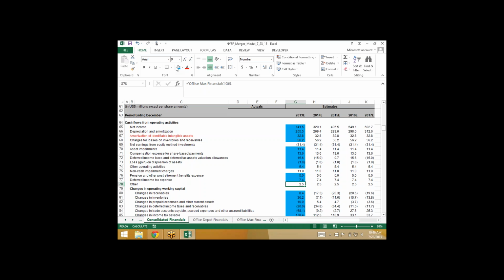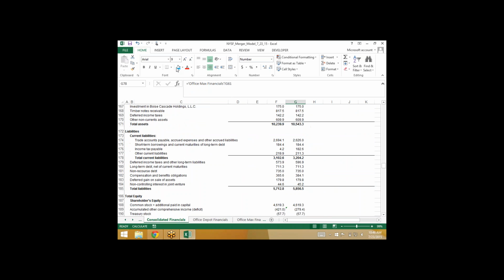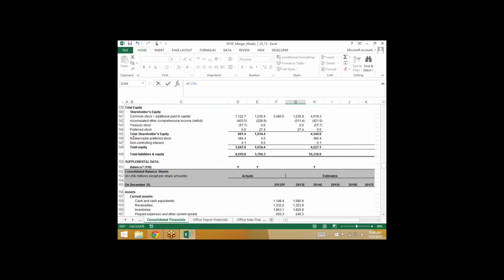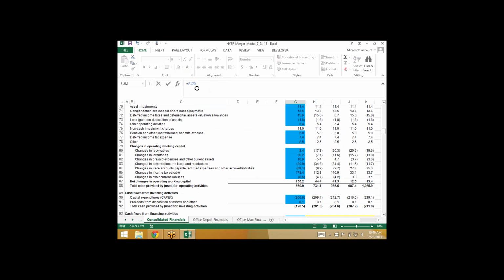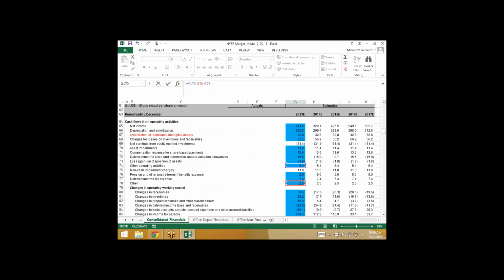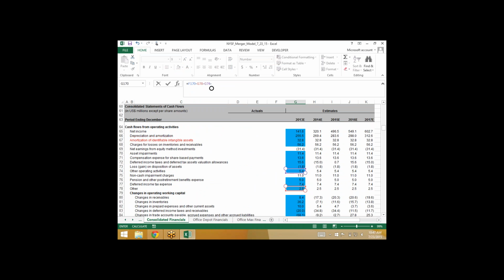Yeah, so the three line items we defined as other, I'm going to link into other assets, other non-current assets, which is right now we kept it flat, which is going to be minus other at the bottom, 78, minus 74, other operating activities, minus charges for losses on inventories and receivables.